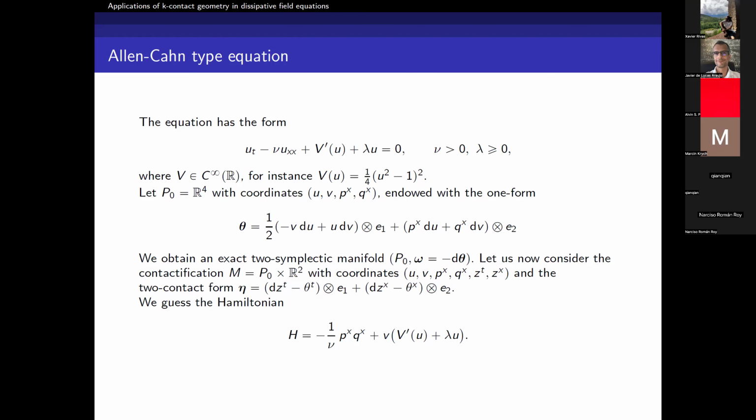Now, the differential of that is a symplectic form because it's the canonical one on a cotangent bundle. So whatever other two-form you add to that, it will always be a two-symplectic structure because the kernel of one of them is equal to zero. So no matter what you write as a first component of the theta, the differential is going to give you an exact two-symplectic manifold.